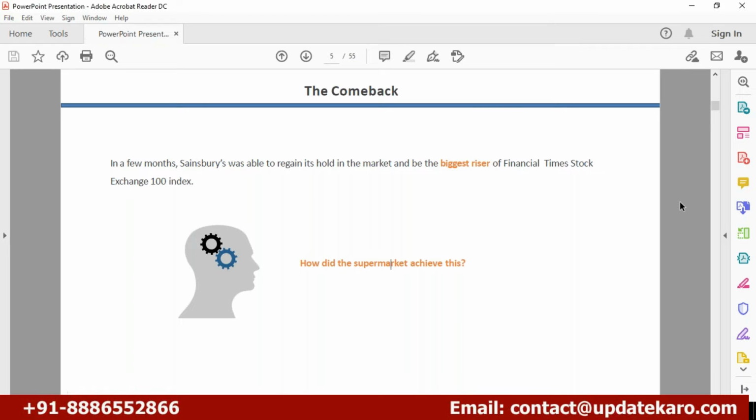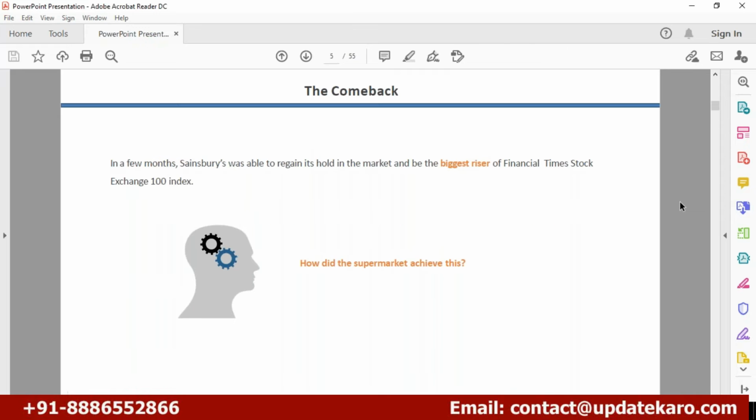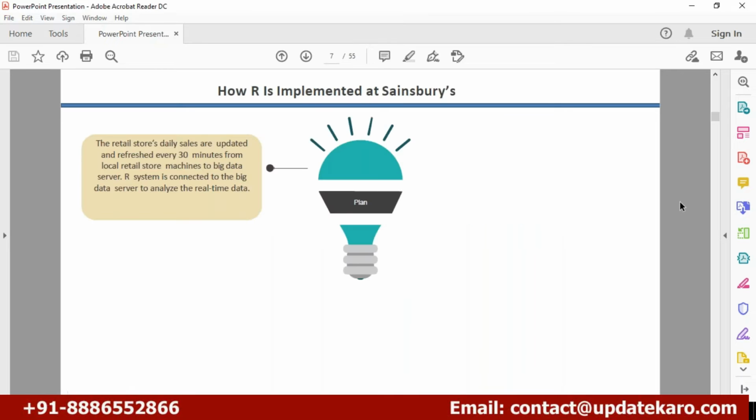We already had Python for data science, but what advantage does R have? Why did they introduce the R language? They introduced R in their ecosystem. So along with many other strategies, Sainsbury's deployed R software into its system.